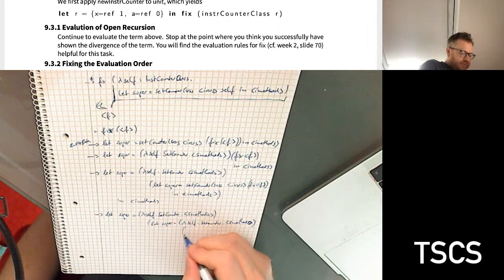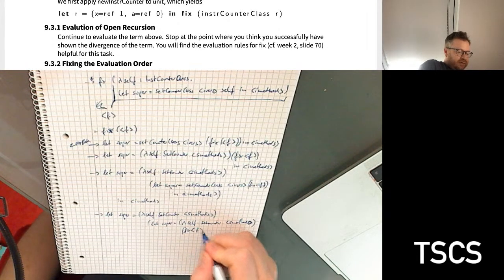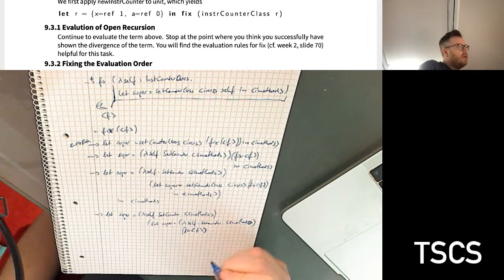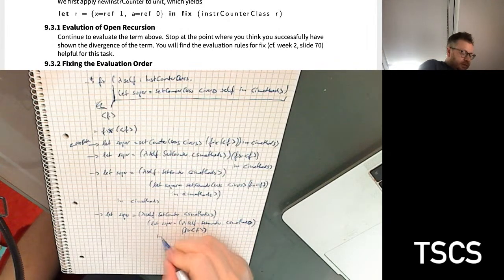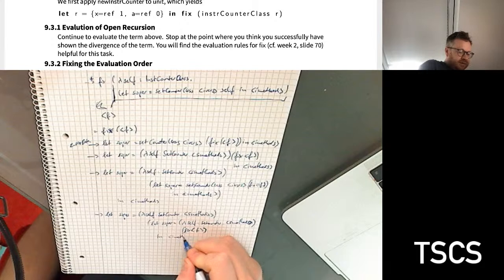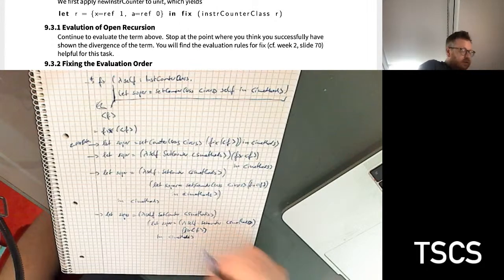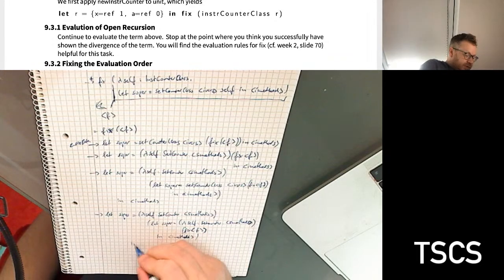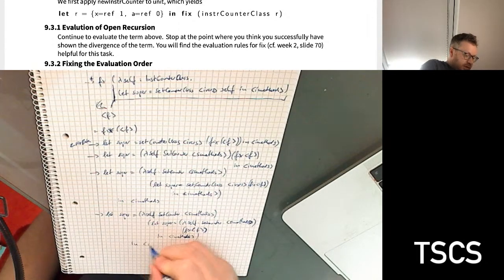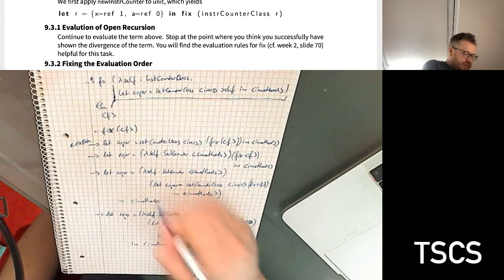And then of course applying this to fix f again in I methods, and of course again in I methods. There's an S missing here.